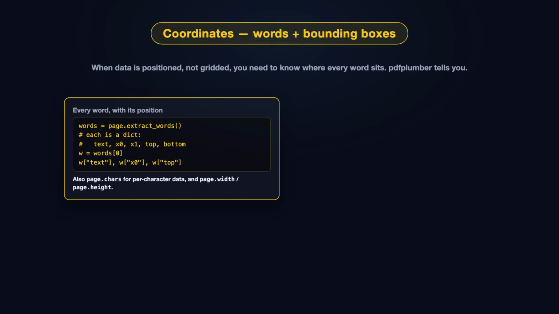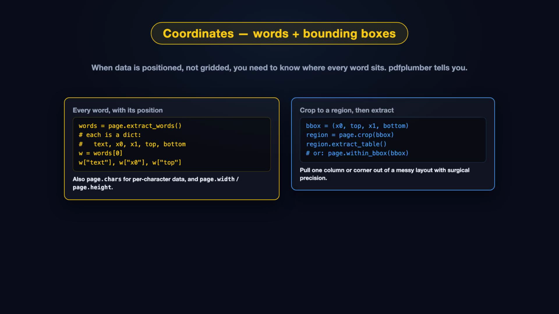Sometimes a table is not really a table, the data is positioned by coordinates, not drawn in a grid, and you need to know exactly where things sit on the page. pdfplumber exposes that too. Call page.extract_words() with empty parentheses, and you get back a list of dictionaries, one per word, each with keys like text, x0, x1, top, and bottom. x0 and x1 are the left and right edges of the word, top and bottom are its vertical position.